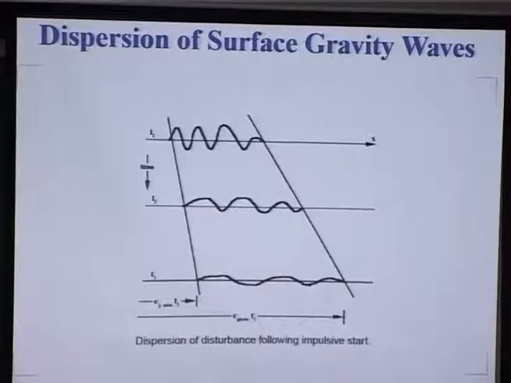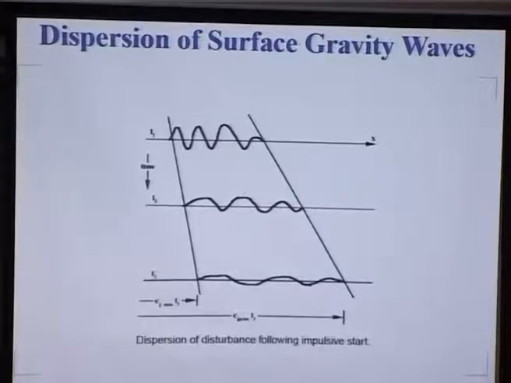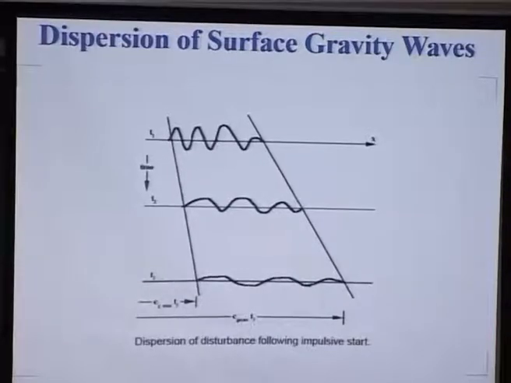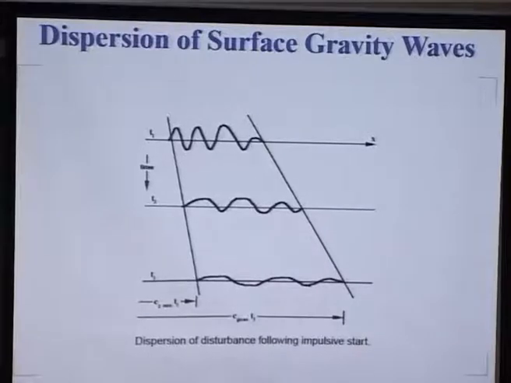Probably this is not drawn very carefully, and that shows up what should have actually happened in this figure. The longer wavelength part should be on this side. See, this is a disturbance, this is the x axis, and the time is increasing like this. So, with passage of time, the disturbance is stretched over larger and larger x, and this part would be dominated by longer wavelength, smaller k. So, this is not drawn as carefully as I should have done it.